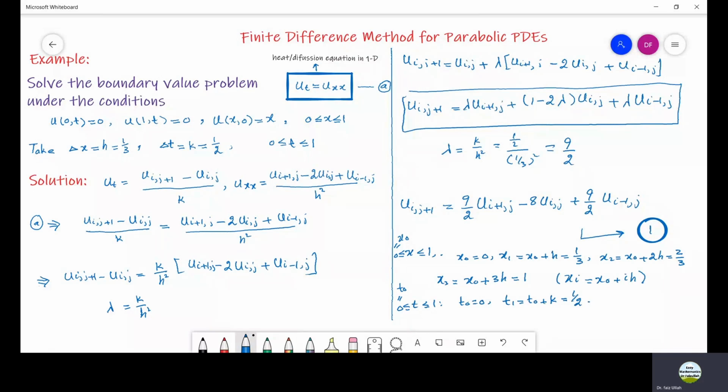So t1 is 1 over 2. The next value is t2. t2 is t naught plus 2k. From here we get the last value which is 1. Here we use the same formula, ti is equal to t naught plus ik, where i is from 1 and so on.